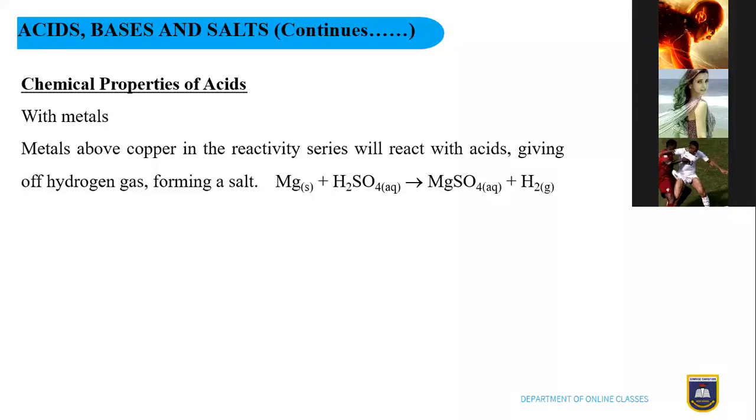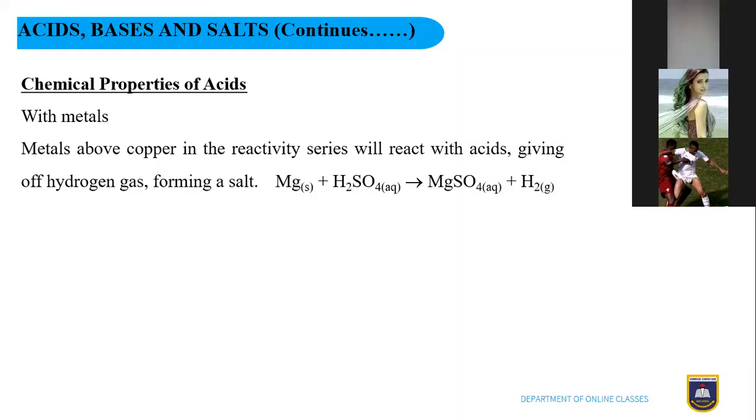So one of the properties of acids is that any metal that is above copper, do you see where copper is? Copper is just below hydrogen. In some books, hydrogen is used as the basis. It's the same thing, because hydrogen is actually not a metal.